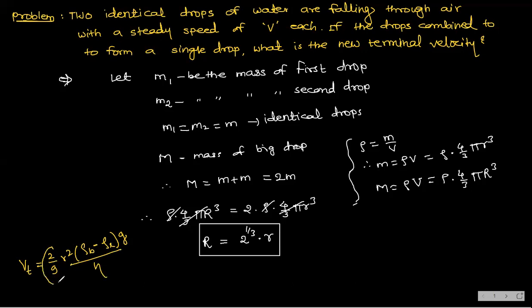Now this all is constant. And therefore I can write Vt is directly proportional to r square.